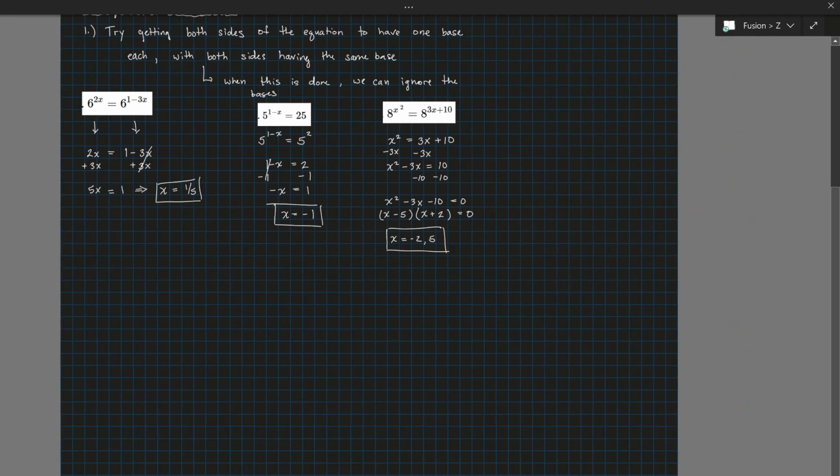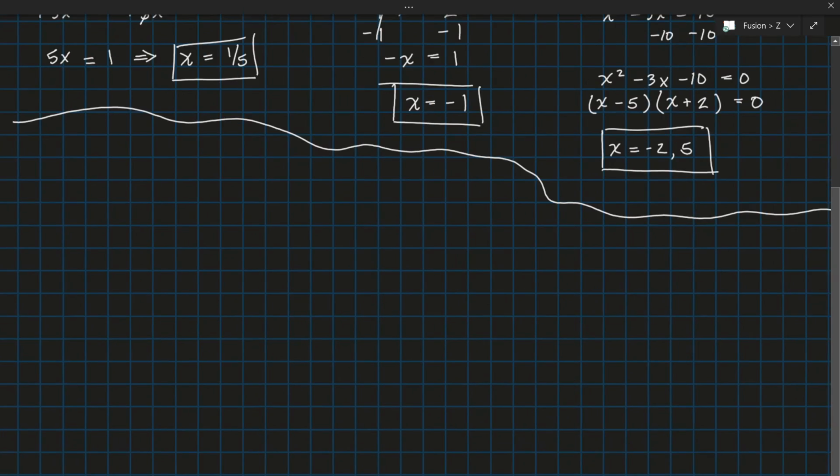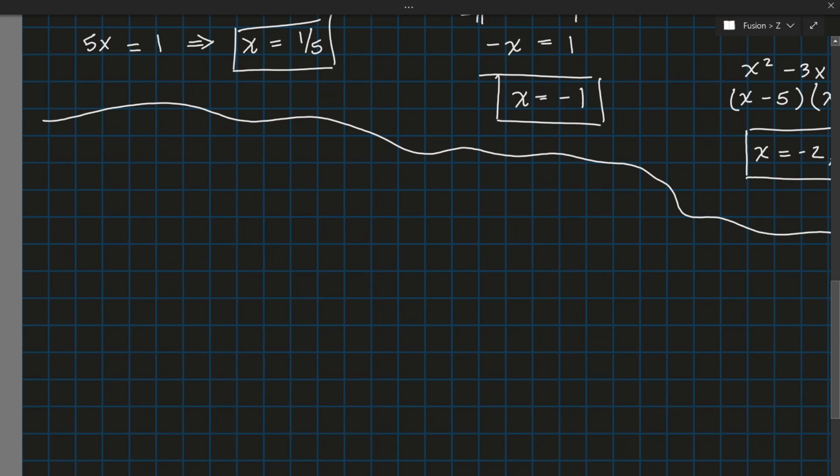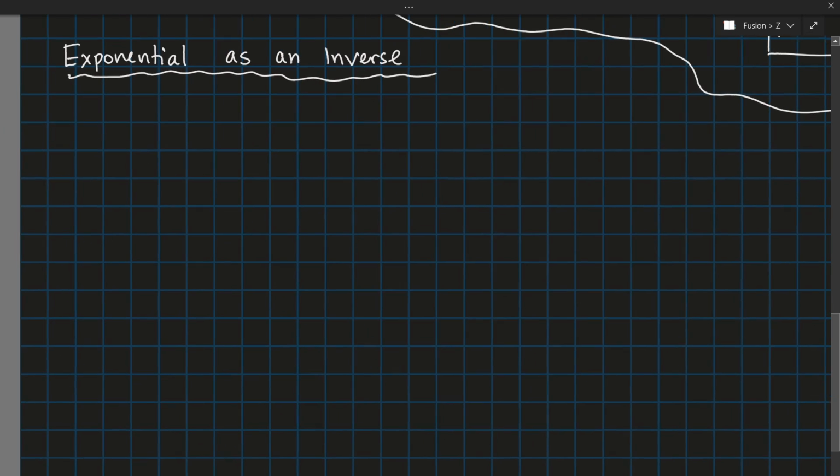Okay? And the last thing I want to end on is that the exponent is the inverse of the log function. We briefly discussed this last time.